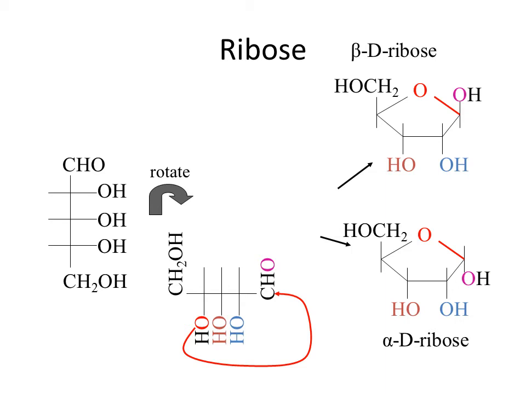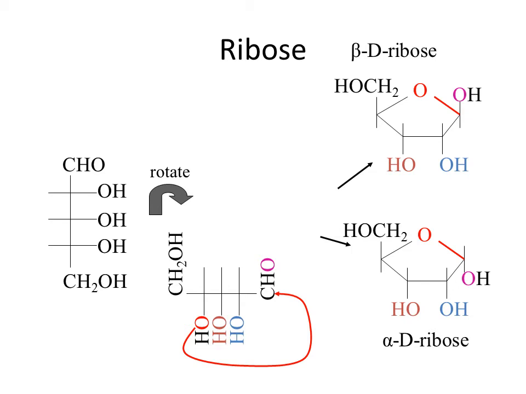When that oxygen comes around and attaches to the carbon in the carbonyl of the aldehyde group, you get a 5-membered ring. For the beta ribose, the hydroxyl group is up. For the alpha ribose, we get the hydroxyl group down. Notice when we rotate so that the aldehyde group is on the right, that takes the 2 hydroxyl groups that are right and makes them down.